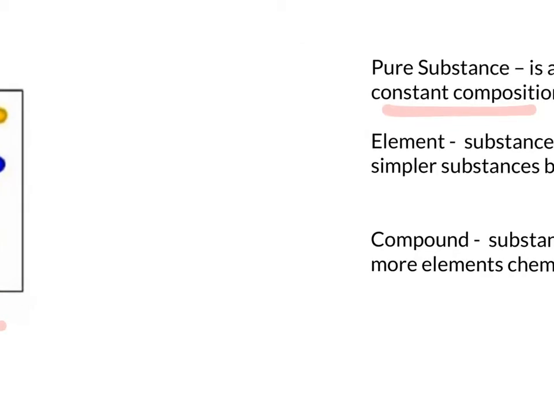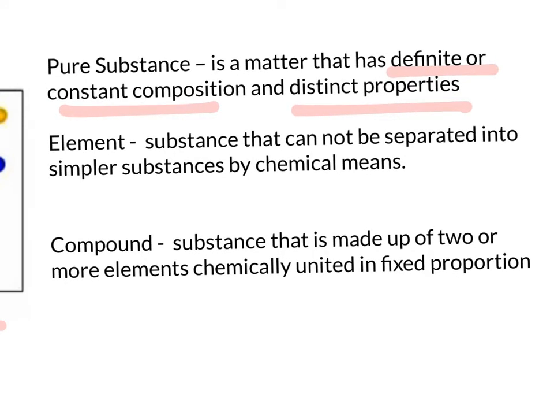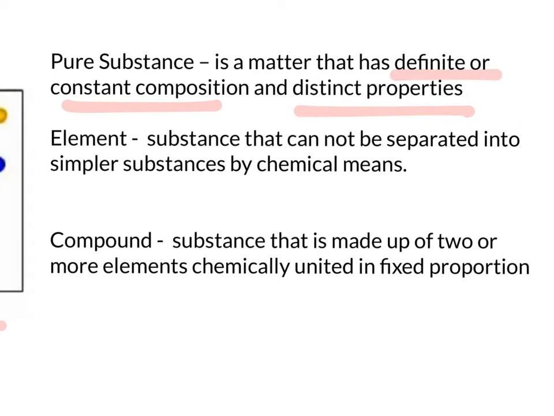So, is this an element or compound? Let me give you the definition of the two. An element is a substance that cannot be separated into simpler substances by chemical means. Whereas compounds are substances made up of two or more elements chemically united in fixed proportion.